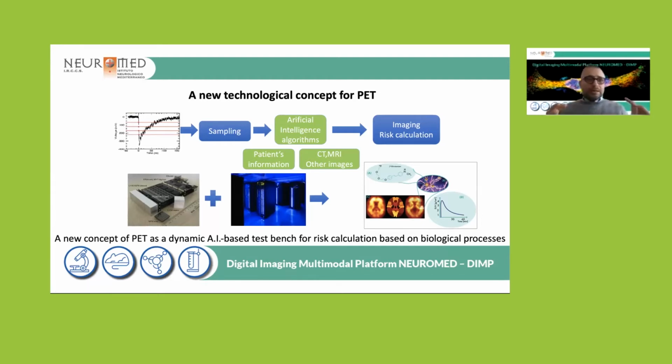At the end, this picture may look a little bit far away from the dream of having a very nice functional imaging technology, but it is really clinically oriented in order to proceed towards a very fine risk calculation.